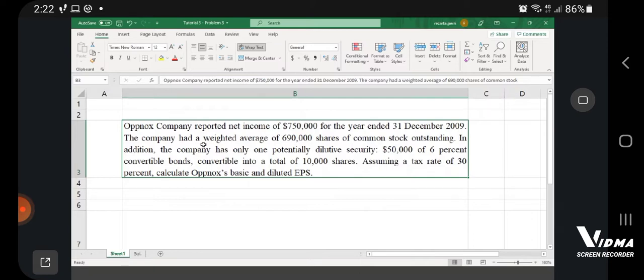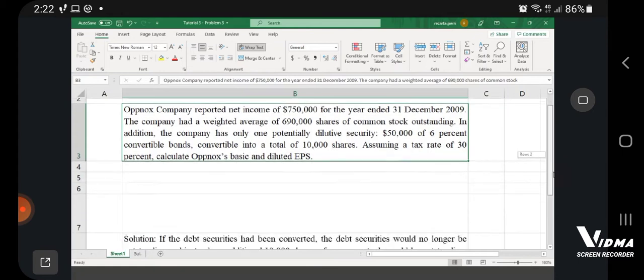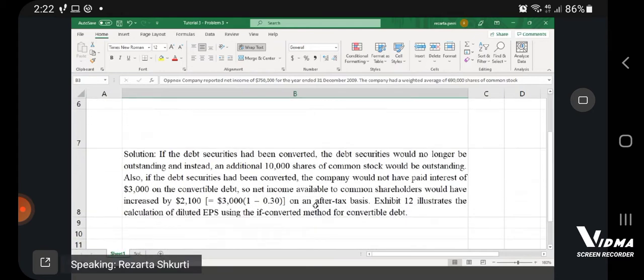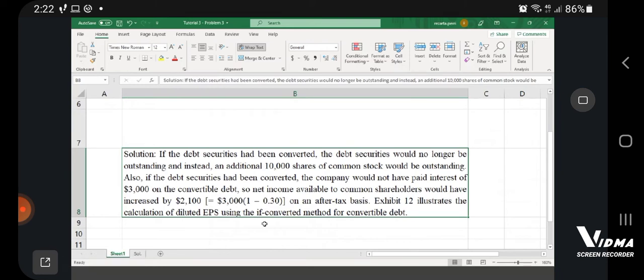In addition, we read that the bonds are convertible into a total of 10,000 shares. Assuming a tax rate of 30%, calculate the company's basic and diluted earnings per share. Now, some clarification before we continue. Regarding the solution, remember that if the debt securities are converted, those would no longer be outstanding.